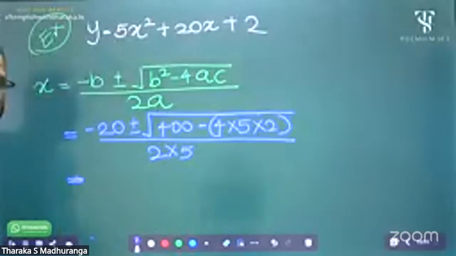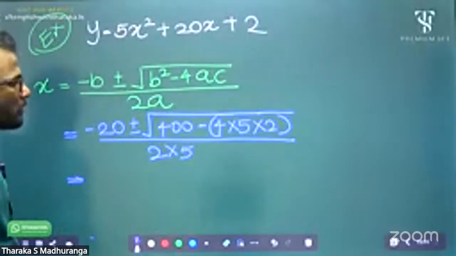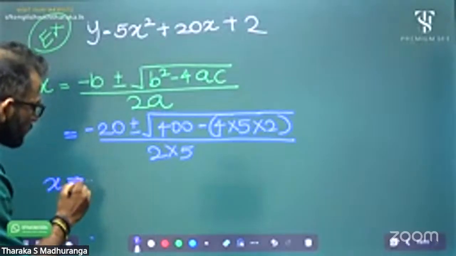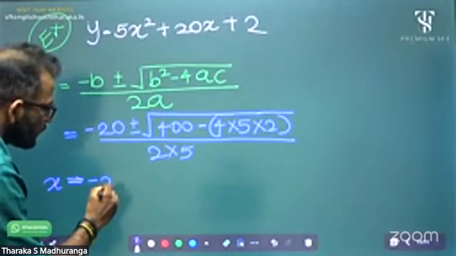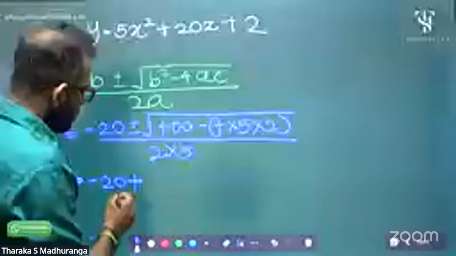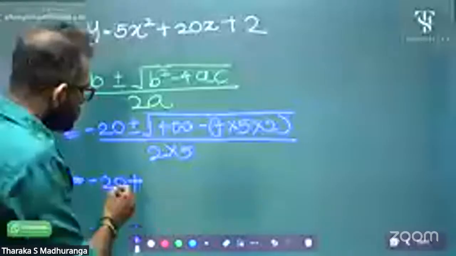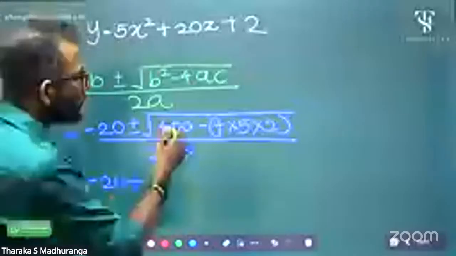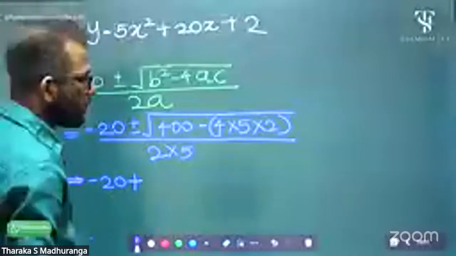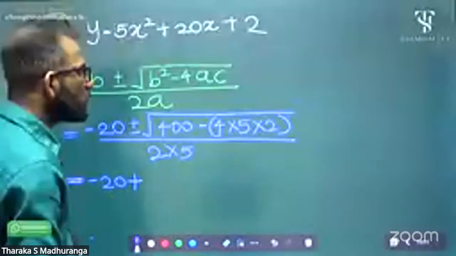Okay. Now what to do? Minus 20, I can get the first x-axis cutting point: minus 20 plus. It is plus or minus, now I take only plus. This is the x1 value, the first x-axis cutting point. x1 is minus 20 plus the square root of 400 minus 4 into 5 equals 20, 20 into 2 is 40, 400 minus 40 is 360.